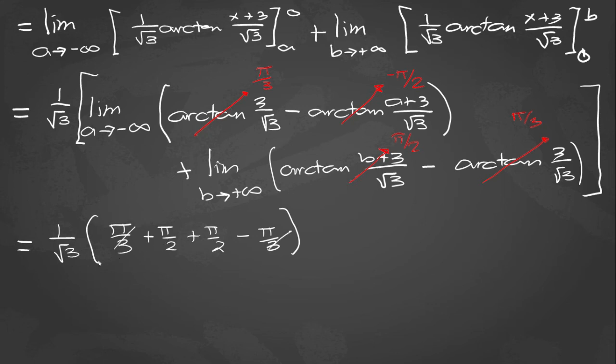Now our remaining value will be 1 over square root of 3 times pi halves plus pi halves, which is simply pi, because it becomes 2 pi over 2. So multiplied with this, it will equal pi over square root of 3.